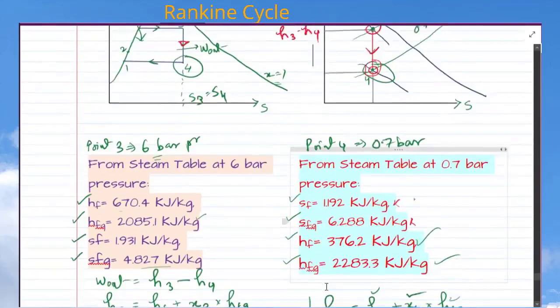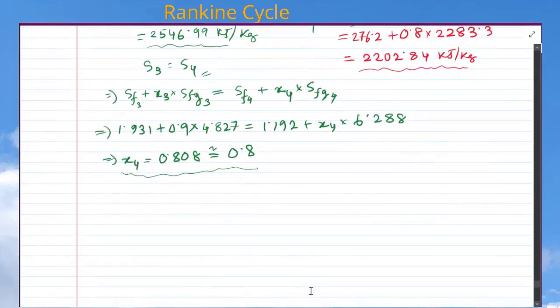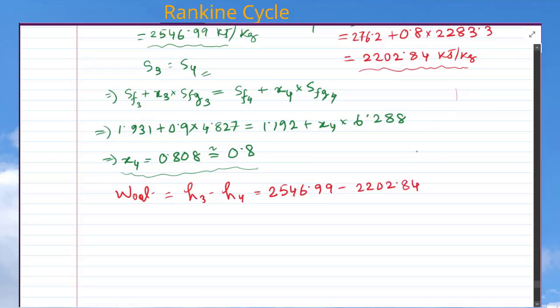This way we will now find the value of work output, which is equal to 2546.99 minus 2202.84, and that is equal to 344.15 kilojoule per kg.